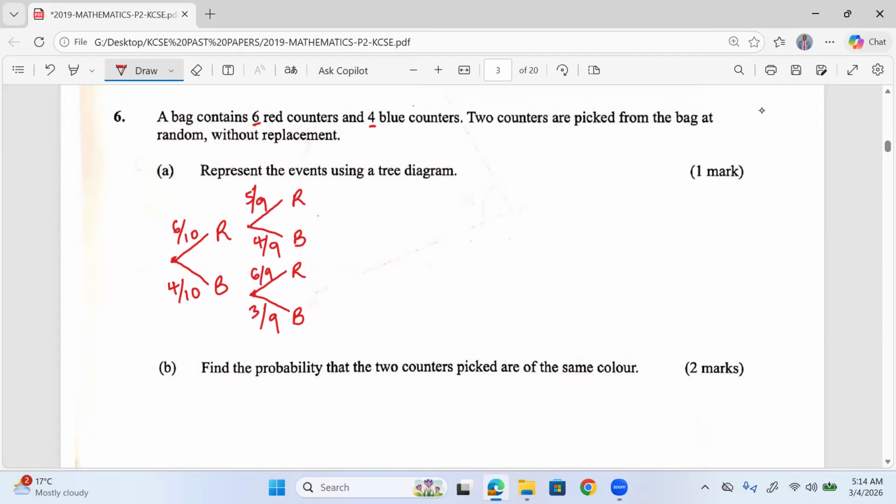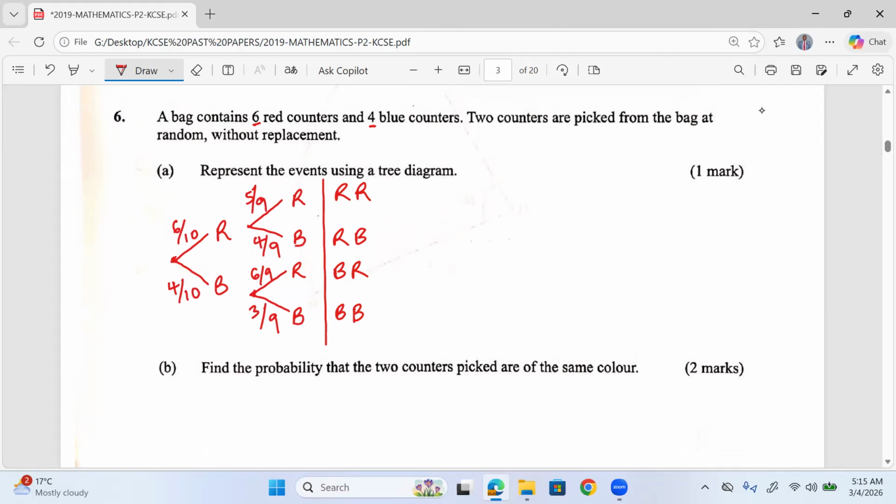So we have the probabilities properly listed along the branches. So this is red, red, then this is red and blue. This is blue, red, and then we have blue, followed by another blue.